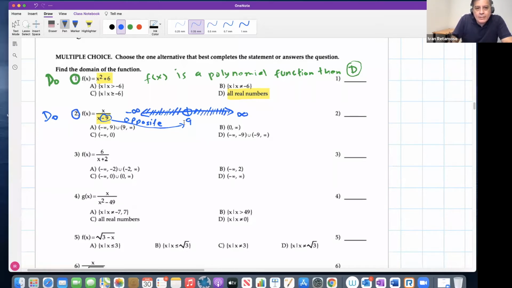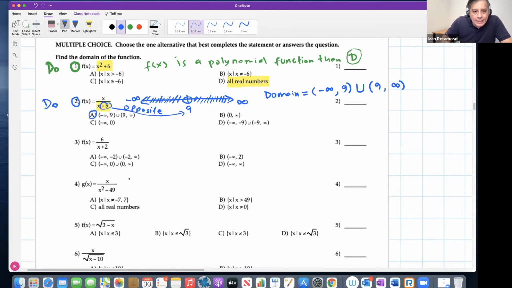So as an interval, the domain should be from negative infinity up to 9, we are not touching 9, so parentheses, union 9 up to infinity, never touch infinity, so parentheses again. So this is it. They chose interval notation, so quickly we realize it's this one.